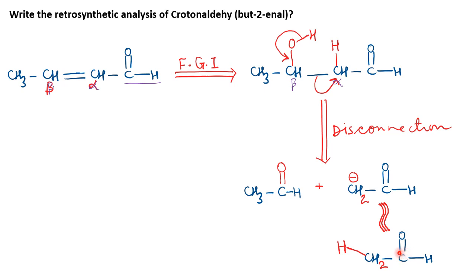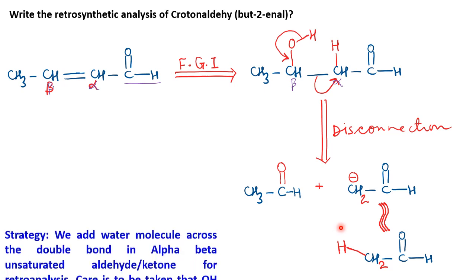So in totality, we started from an alpha beta unsaturated system, and at the end, we are getting two small acetaldehyde structures by using FGI and disconnection. So this is the retrosynthetic analysis.